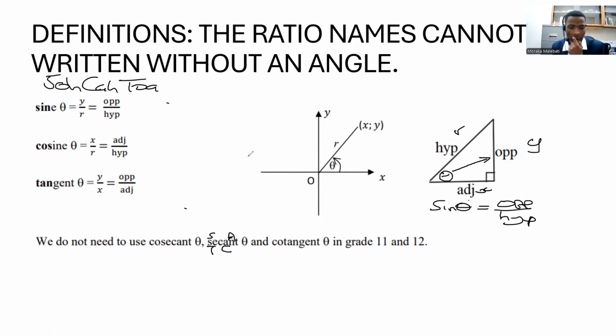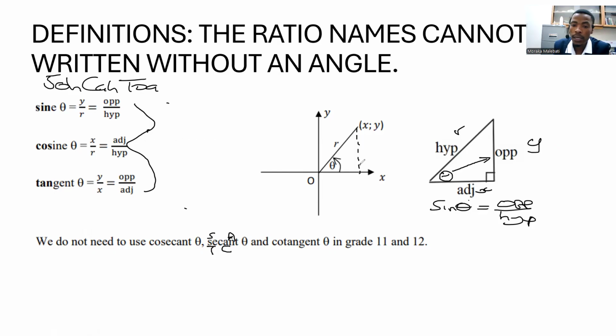We do not use the cosecant, the secant, and the cotangent in grade 11 and 12, so we are going to focus more on these ones. But remember, we are defining them, that's why we're saying definitions. You always have to extend this towards your axis.